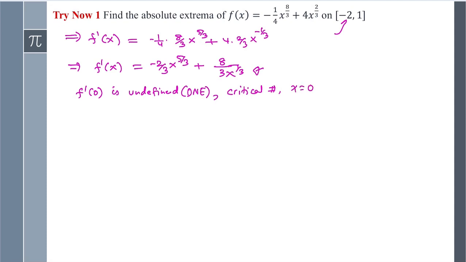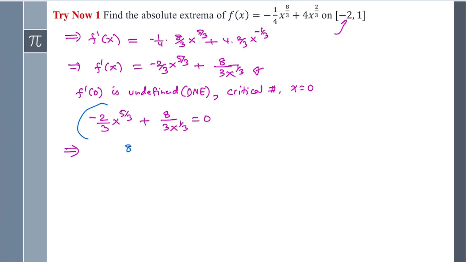Now the next one is we'll set the derivative equal to 0. So negative 2/3 x to the 5/3 plus 8 over 3 x to the 1/3 equals 0. Since the first term is negative, we'll move it to the right hand side.